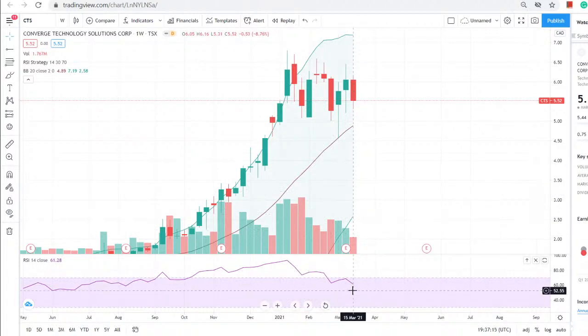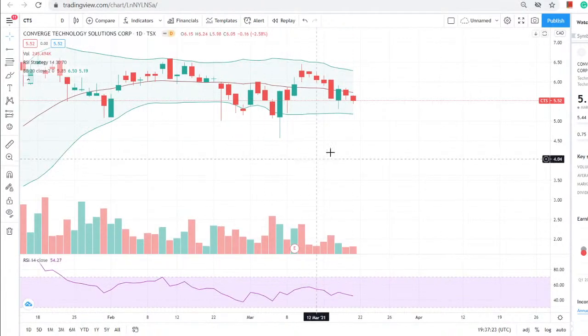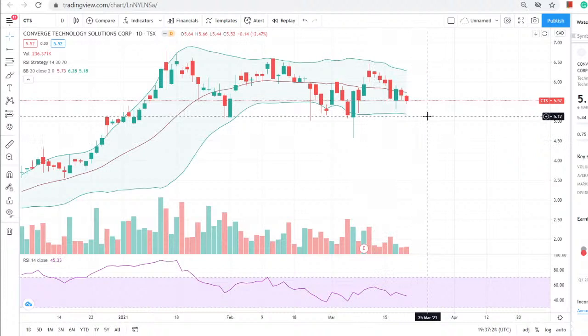RSI is downward even on the weekly chart. So at this point, if you are holding, Mohit, it would be better to wait for it to fall to this range and then either average out, or if you are already in profit, you can exit and then re-enter again.